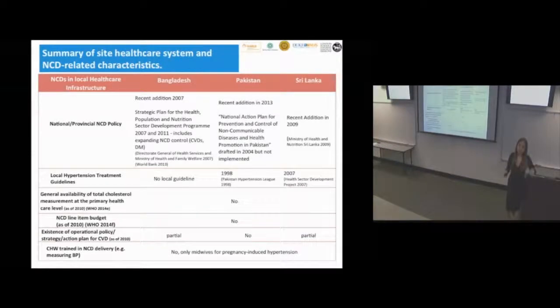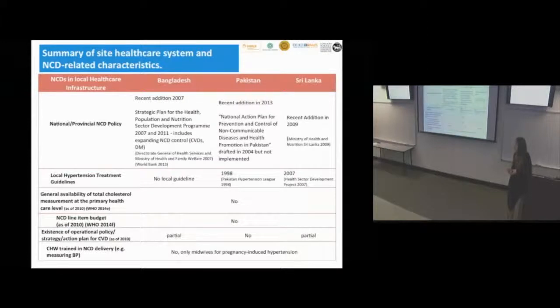You'll see the draft 0 or the first draft in any provincial policy document or their national health policy documents. You'll see just these names emerging. They don't have a very clear operational plan for how they're going to deal with this, as far as prevention or even management is concerned.